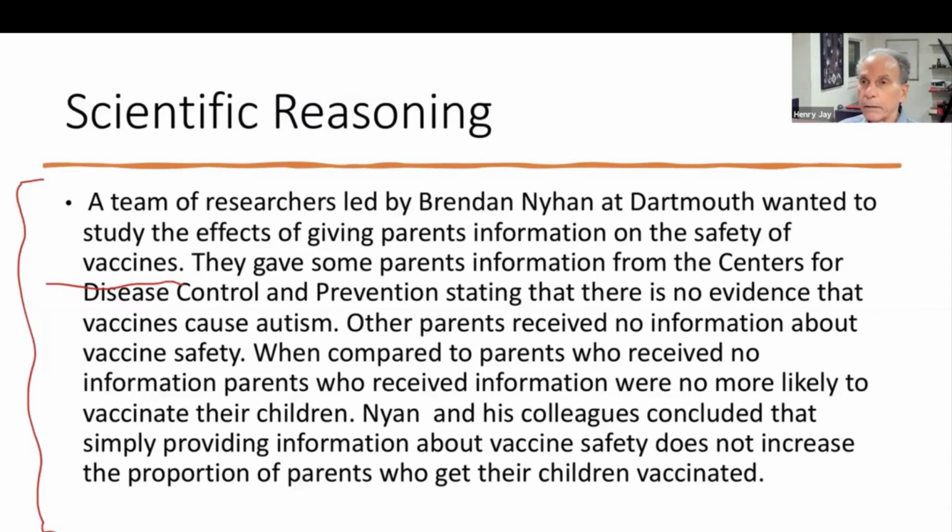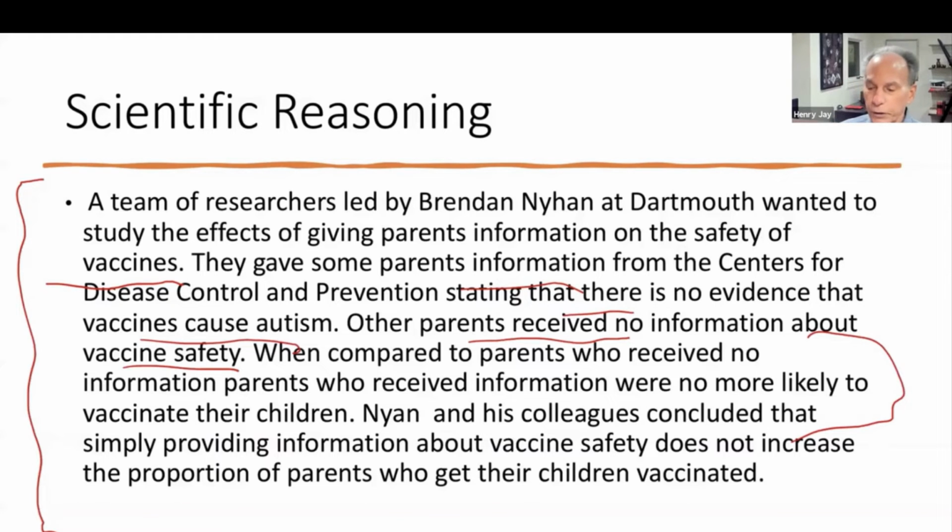Well, they gave some parents information: there's no evidence that vaccines cause autism. Other parents received no information about vaccines. That's the method section. Here's the result. When compared to those who received no information, parents who received information were no more likely to vaccinate their children.